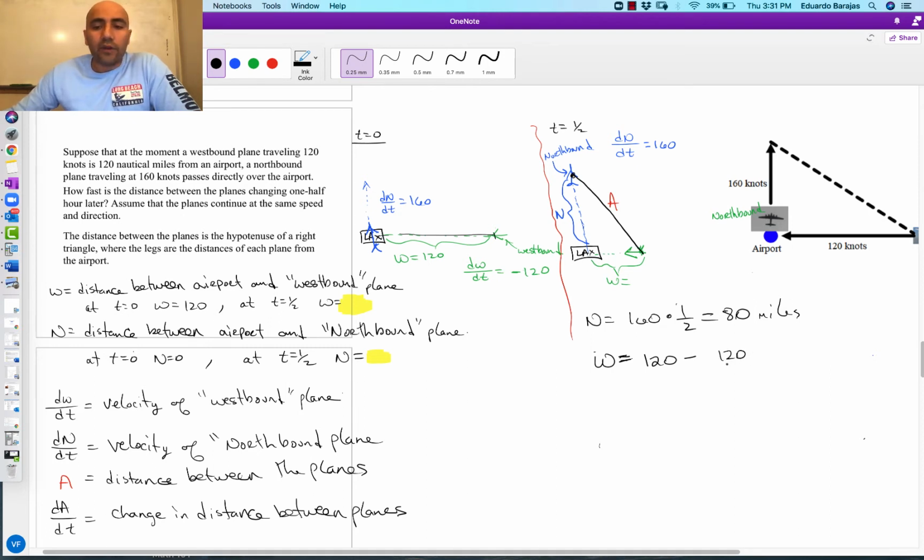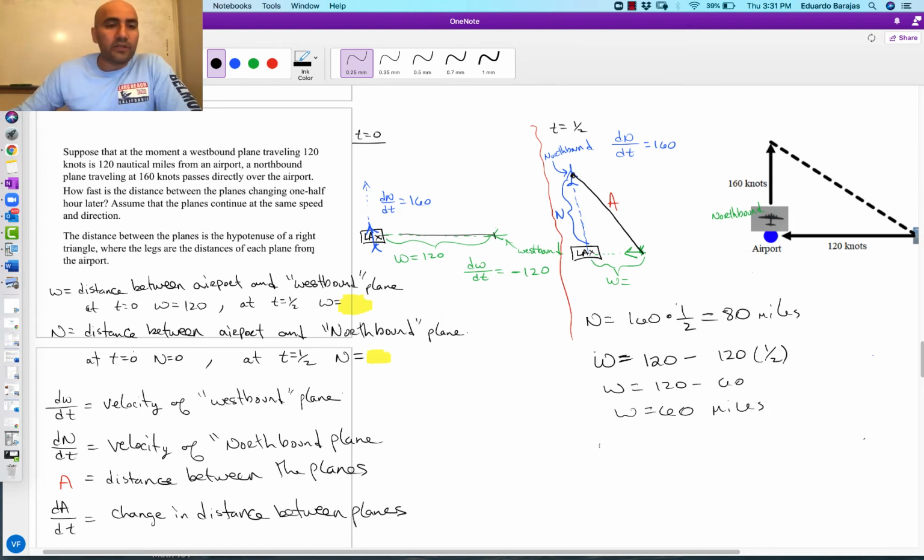So if you had been traveling at this speed for 1 hour, you would be at the airport. But you didn't travel for 1 hour, you traveled for half an hour. So this would be W equals 120 minus 60, which means W equals 60 nautical miles.